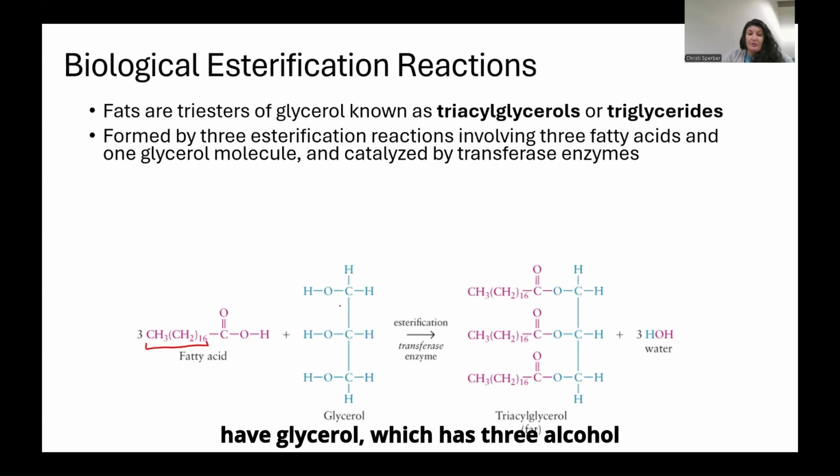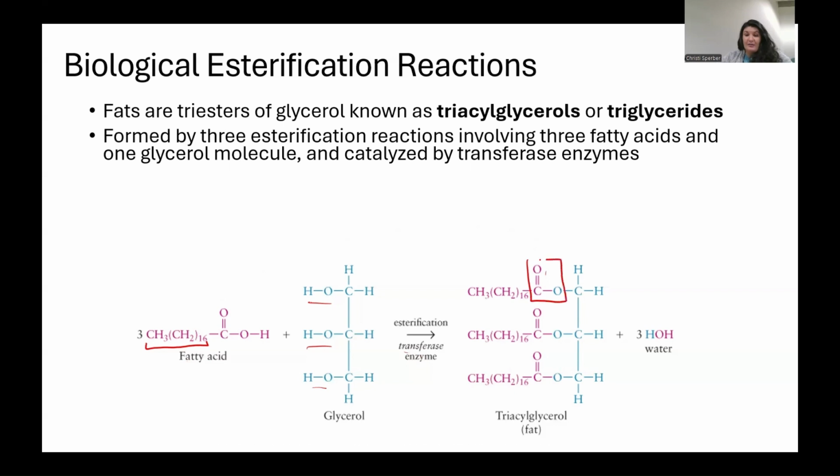You have glycerol, which has three alcohol groups. Three esterification reactions are going to occur, catalyzed by the transferase enzyme, with three molecules of the fatty acid. Each esterification reaction adds one fatty acid to the glycerol and makes that ester functional group.